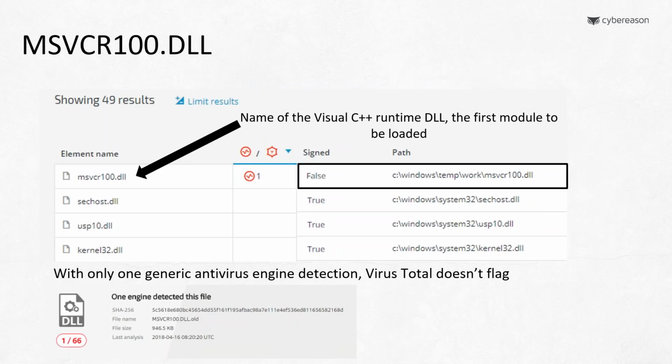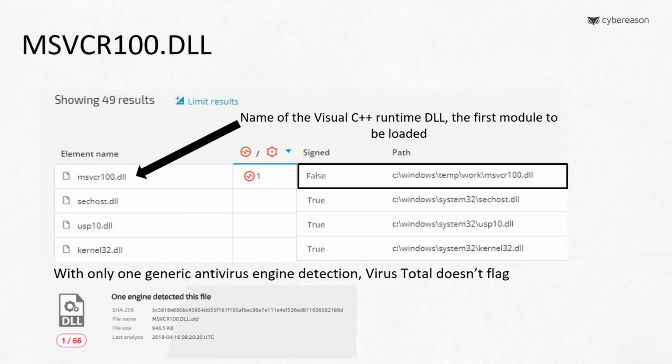So looking at it, and according to its name and Googling it, this is a Visual C++ runtime DLL, which means that programs written in C++ would normally use it. And we also looked at its reputation. We looked at VirusTotal, where a lot of the malicious files and samples are being submitted.